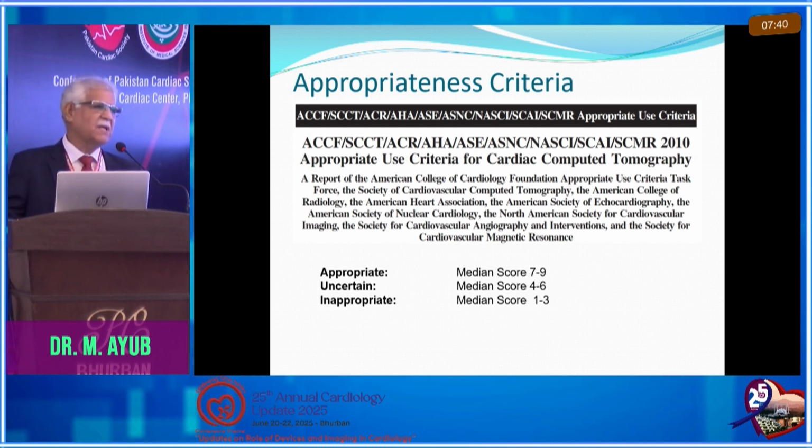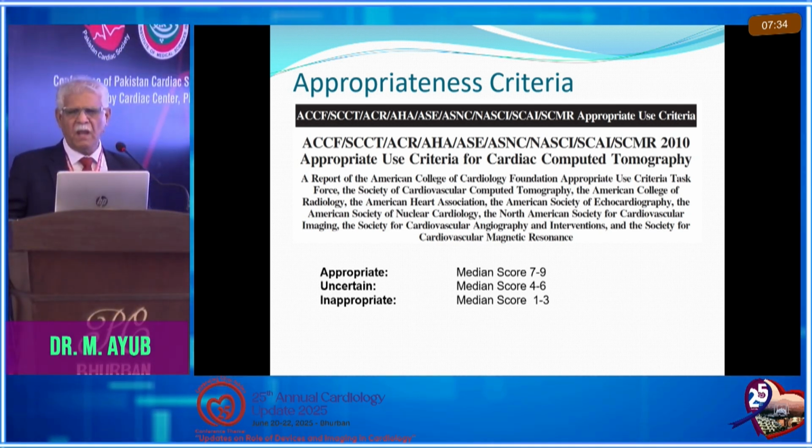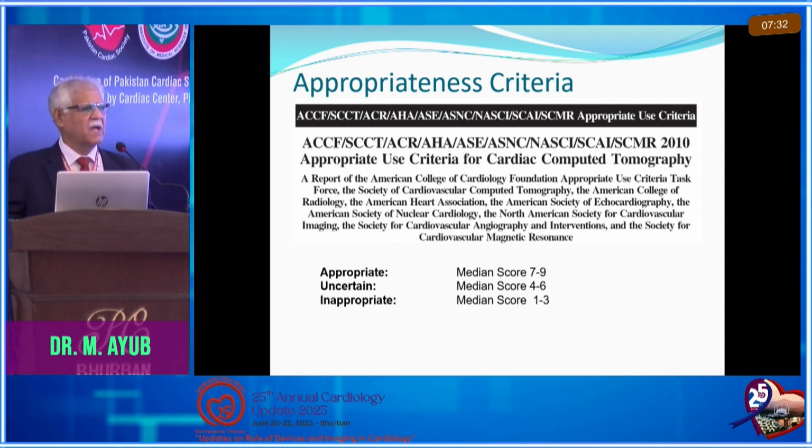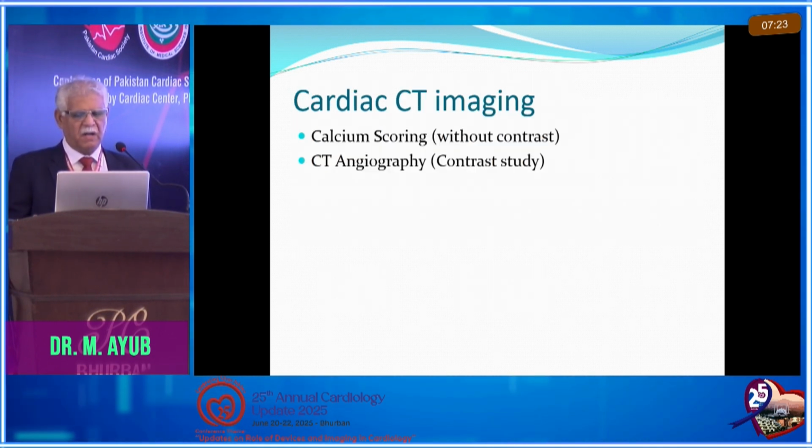If it is less than 3, then that is considered inappropriate, or like class 3 indication. And if it is between 4 to 6, then that is just a borderline case or uncertain indication. So considering these criteria, various indications have been defined.